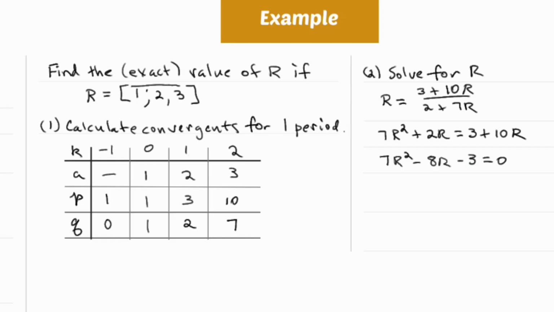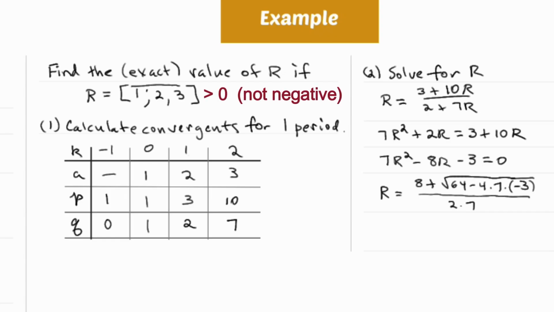We can solve this using the quadratic formula. R equals 8 plus the square root of 8 squared minus 4 times 7 times minus 3, all over 2 times 7. You might be wondering, what about 8 minus the term with the square root, over 2 times 7? That value is negative, so it cannot be correct. Inside the radical, this is 148, so we'll rewrite it like this.